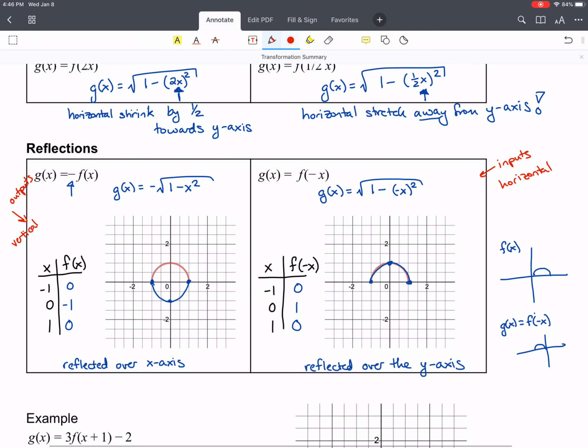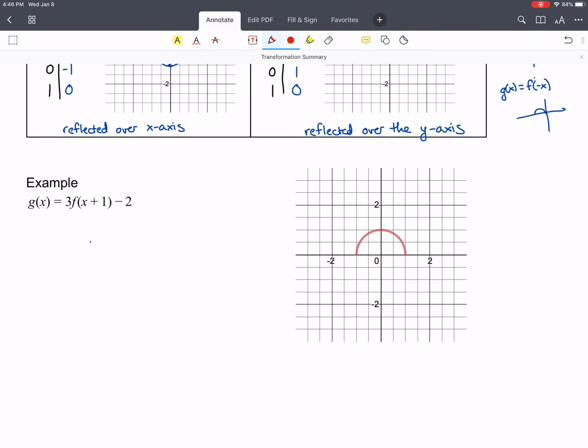We're going to kind of put it all together in one example. So when I'm looking at transformation of functions, I want to work inside out. And that's just because we always do the stuff in parentheses first when we're doing order of operations in math. So I want to work my way inside out to follow my transformations.